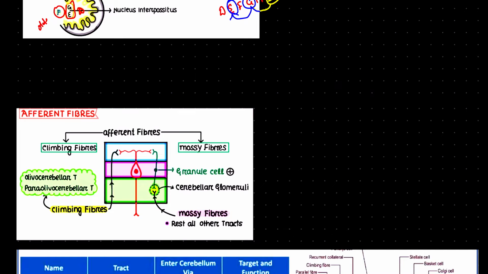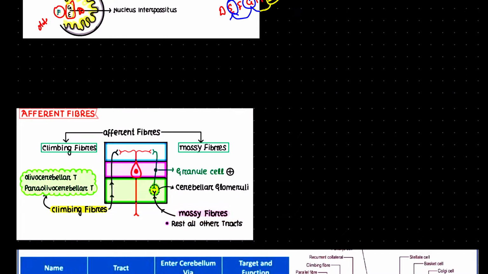Along with the nuclei, these fibers are also located in the white matter, and climbing fibers climb all the way up to reach the Purkinje cell. Now talking about mossy fibers: except for the olivocerebellar tract and para-olivocerebellar tract, all other fibers reaching the cortex are mossy fibers.